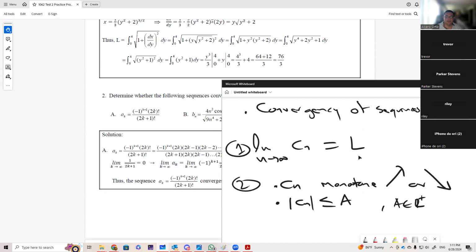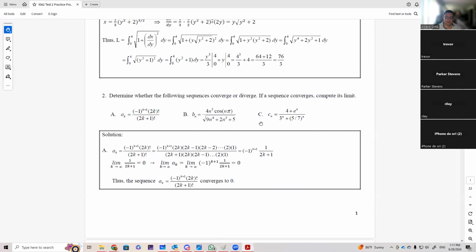Okay, so these are the two things that you can use to say, well, this is going to be a convergent sequence. And in this case that we have over here, we can just check on that by simplifying. For example, in the first one, we have (-1)^(k+1) times (2k)! over (2k+1)!.